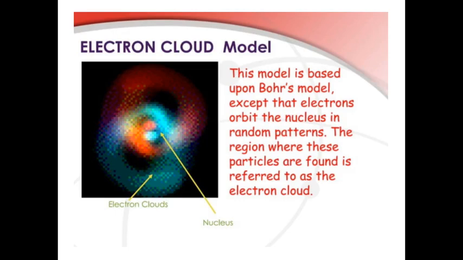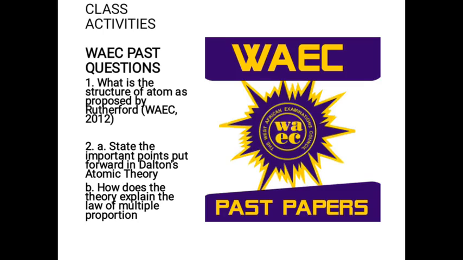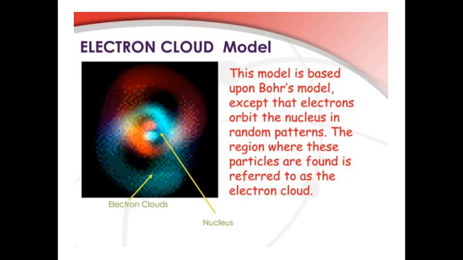It is similar to Bohr's model, but the difference is that electrons orbit the nucleus in a random pattern. The regions where these particles are found are referred to as the electron cloud. So this is basically what Schrödinger was talking about.